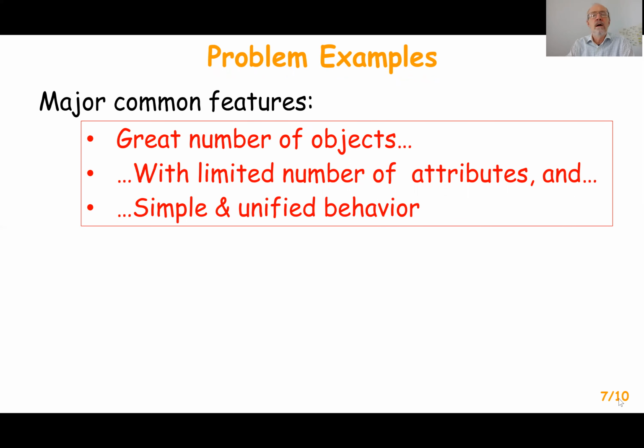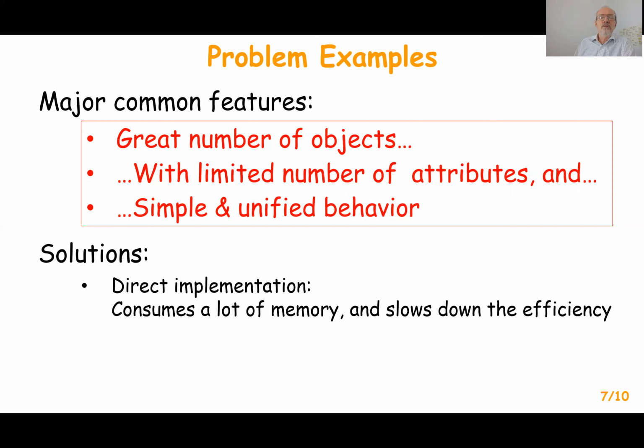Okay, so how do we typically implement software like shown in the examples? Actually, there are 2 possible ways. The first solution is just to directly implement what is specified in the task.